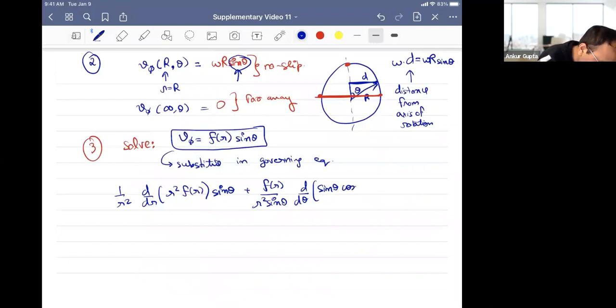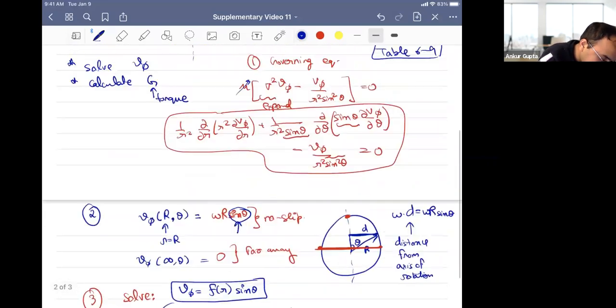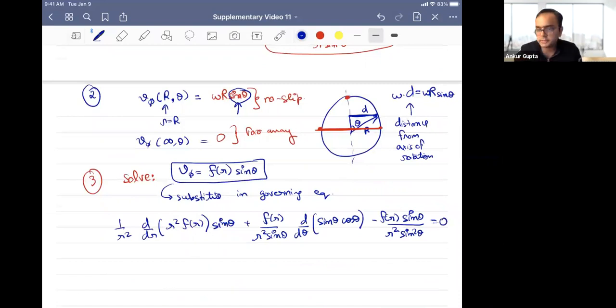And then the third term is minus f of r sine theta by r square sine square theta, is equal to 0. Okay, I hope I'm not making any mistake here. Let me just check my notes. Yeah, I think we should be okay here.